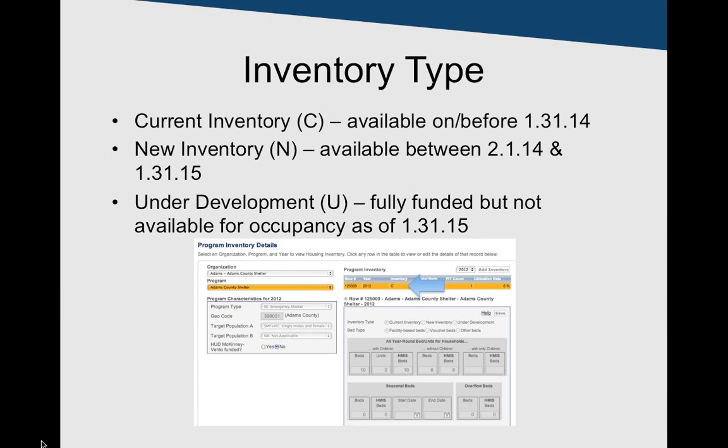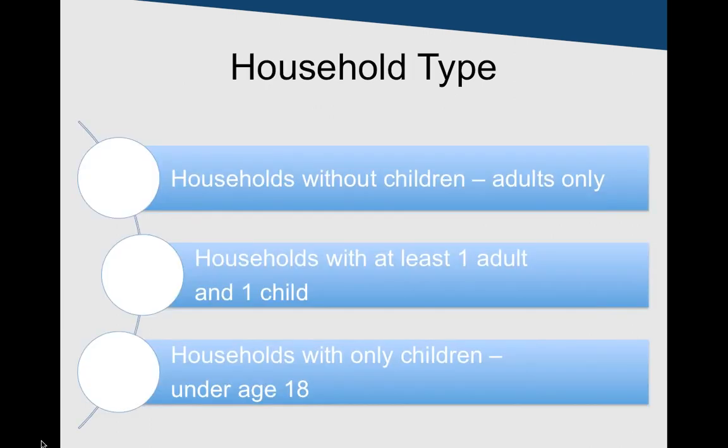For inventory identified as under development, Continuums of Care must also identify whether the bed or the unit inventory is expected to be available for occupancy by January 31st of 2016. If the occupancy is expected anytime after that January 31st of 2016, your project should not be included on the 2015 housing inventory.